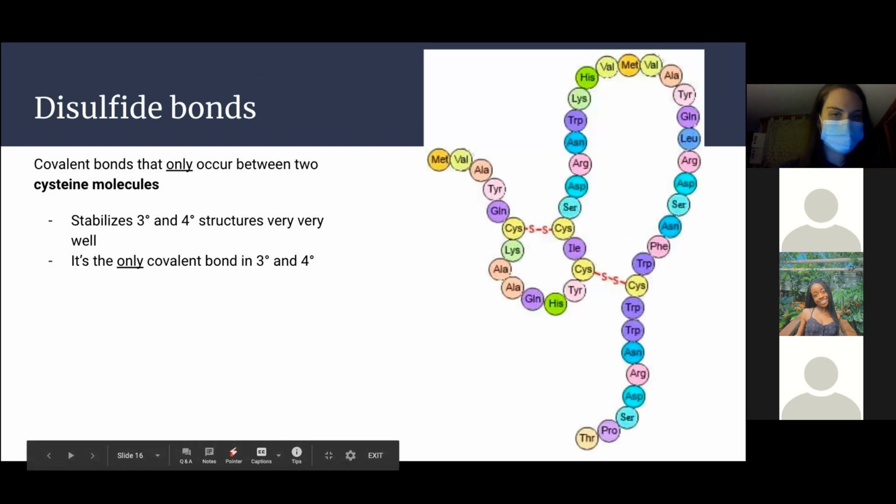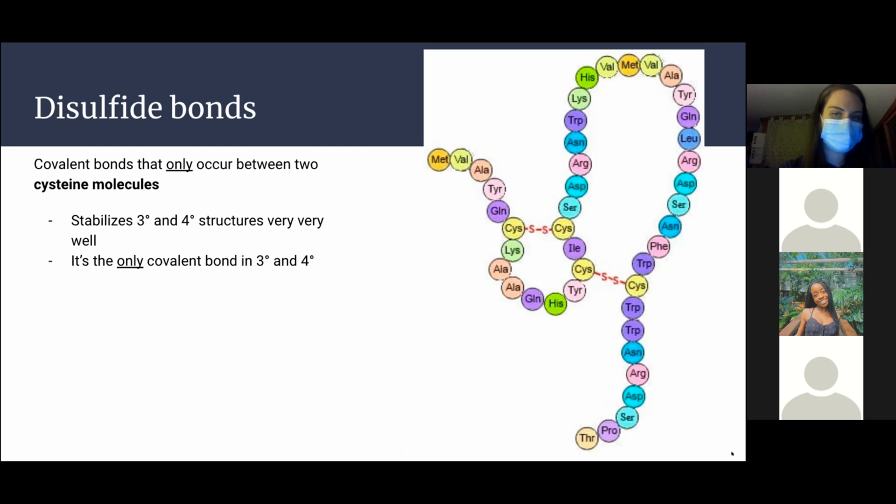And then we have disulfide bonds. These bonds are going to be your only covalent bonds, and they're only going to happen between cysteine amino acids. Pretty much all you need to know for these is that they stabilize the tertiary and quaternary structures very, very well, and they're the only covalent bonds in your tertiary and quaternary structures.